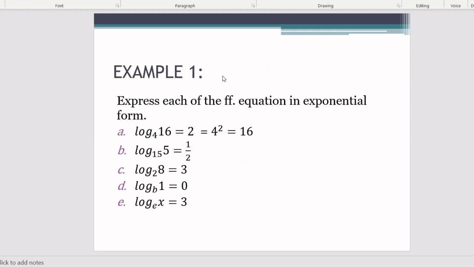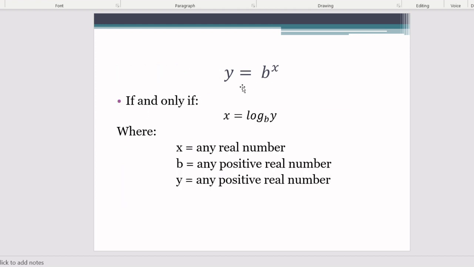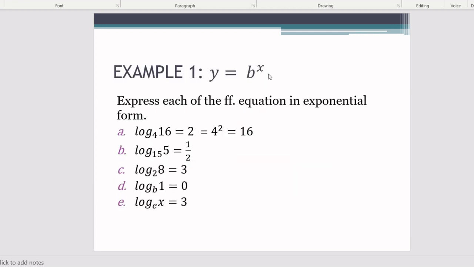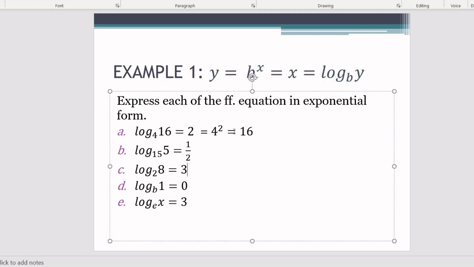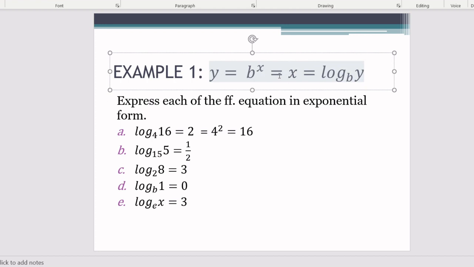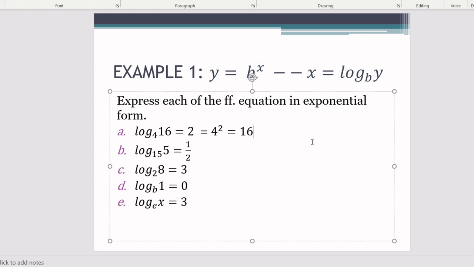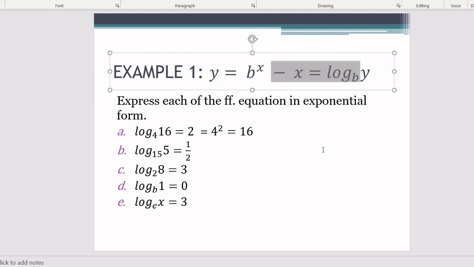So remember this. Let's copy that one here as my guide. It is equivalent to there. So again, x is equal to log base b of y.